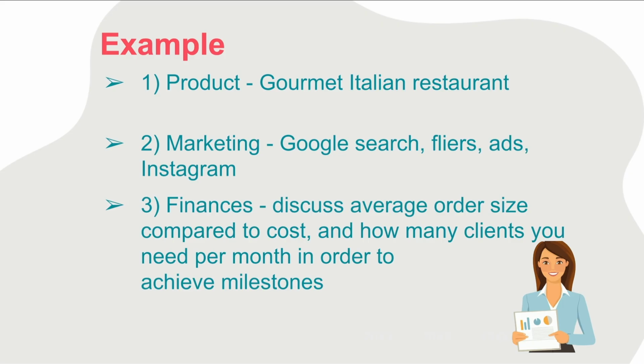If you haven't started your business, your financials would discuss how much money you have to raise in order to begin that business. But if your business has started, your financials would look like how much money you're generating now, what's the average order size, what's the average cost, how many clients you need per month in order to achieve various milestones, like to break even, to earn a small profit, a larger profit, etc.